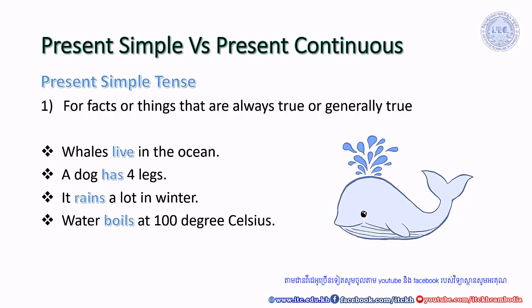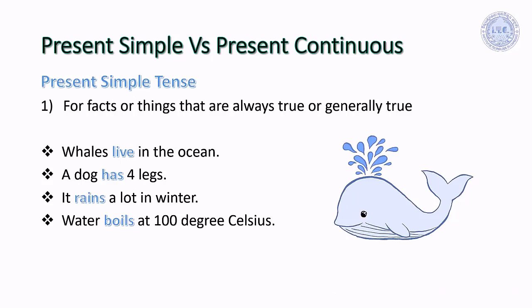Unfortunately, some dogs have 3 legs or less, but in general it is true. It rains a lot in winter. It is also generally true. Water boils at 100 degrees Celsius. This is a fact. Just like the fact that water freezes at 0 degrees Celsius.